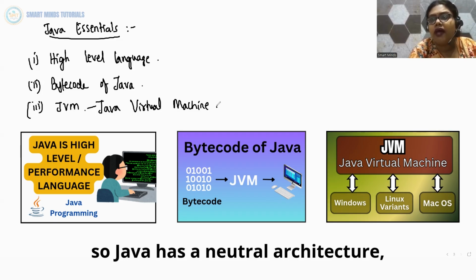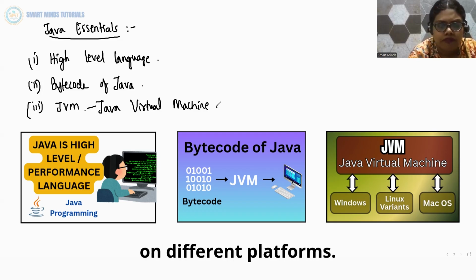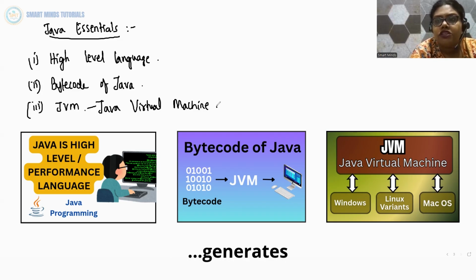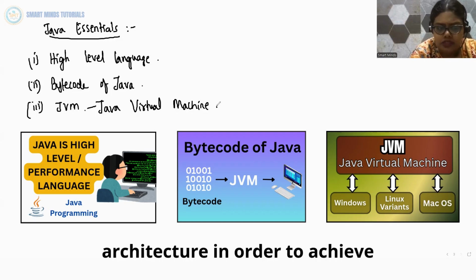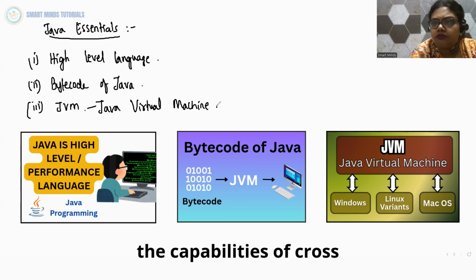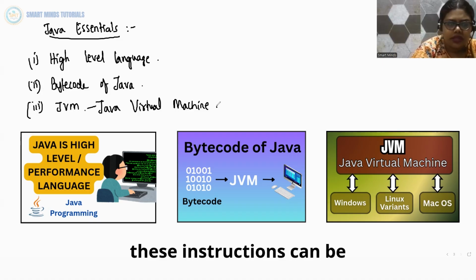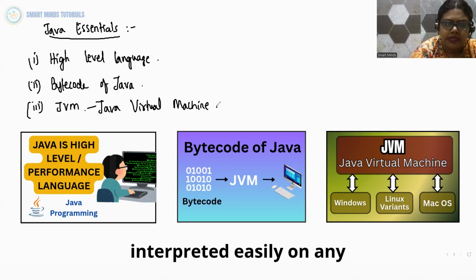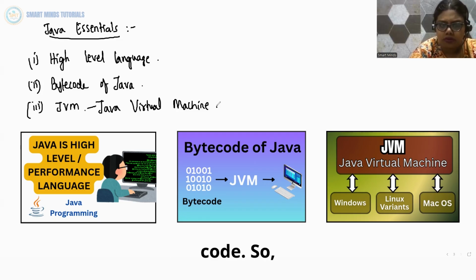Java has a neutral architecture since it allows programs to run on different platforms. And the Java compiler generates the bytecode that is neutral architecture in order to achieve the capabilities of cross architecture. So these instructions can be interpreted easily on any platform, translated into machine code.